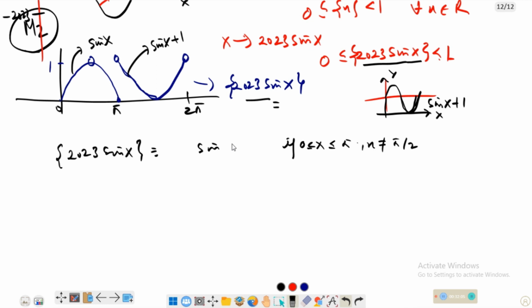If we integrate this sin x, at one point the area is equal to 0. If x lies between pi and 2 pi, this quantity is equal to sin x plus 1, equivalent to sin x plus 1.